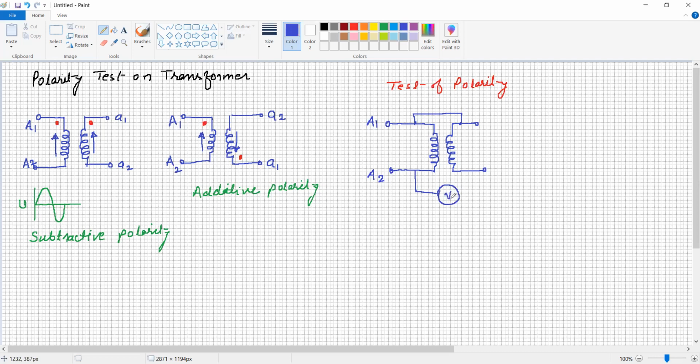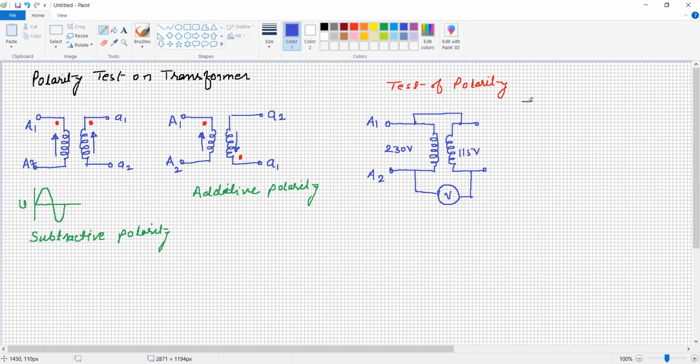an AC voltmeter, and definitely the range of the voltmeter is such that it is equal to the primary voltage plus the secondary voltage. Say the primary voltage, we will give numerical values so that it becomes simple to understand. Say the primary voltage is 230 volt and the secondary terminal voltage is 115 volt.